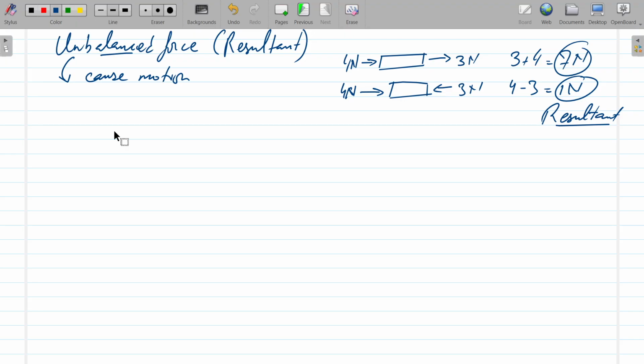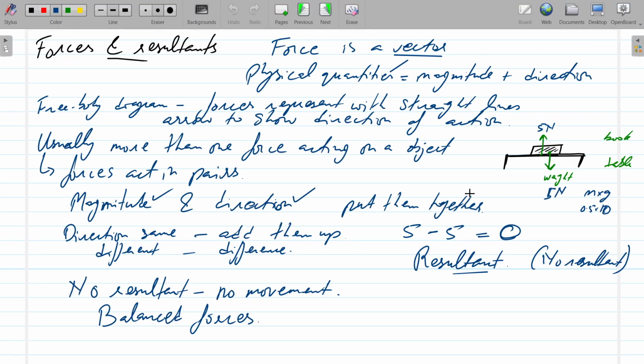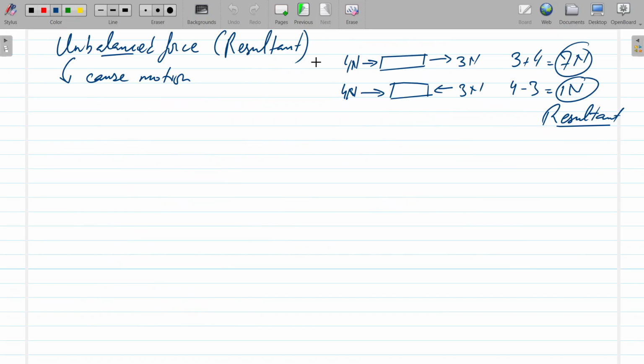So what they do is take all of that into consideration and plan it out such that in this case, there is no resultant. For buildings or any structure, if there is a resultant, that object is not going to stay stable. In those cases, there will be issues of stability.